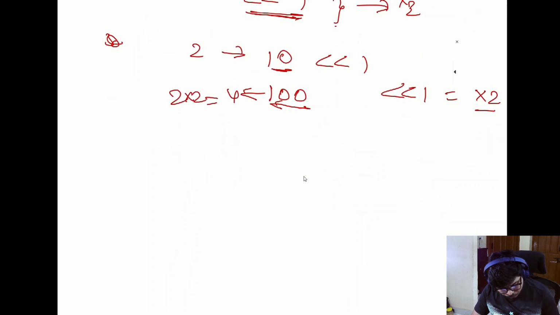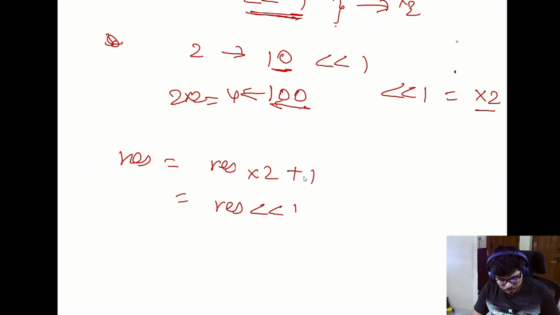So earlier what we were doing was result is equal to result into 2 plus 1. So what we can do now is result, this is also equal to result into 2.